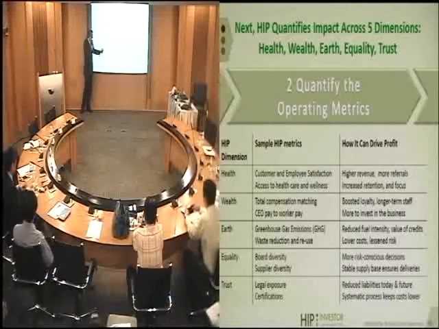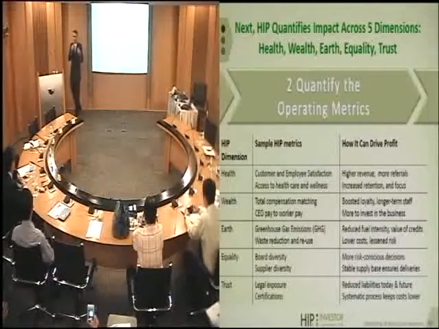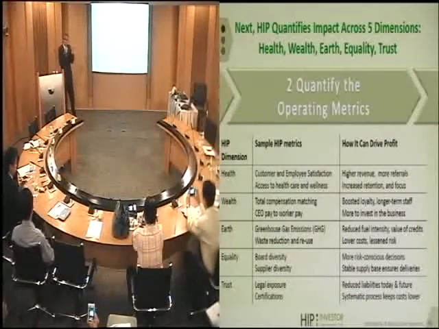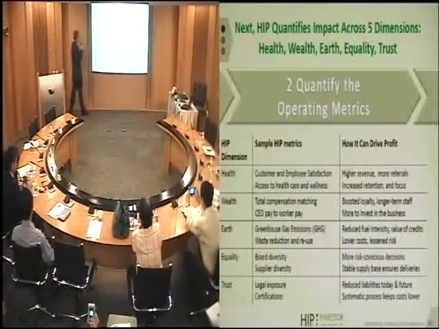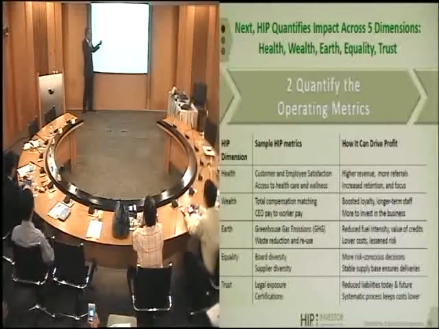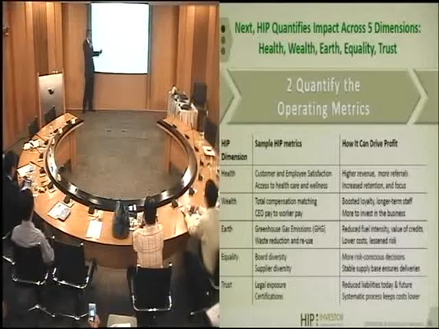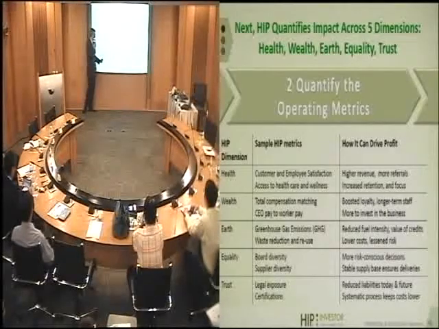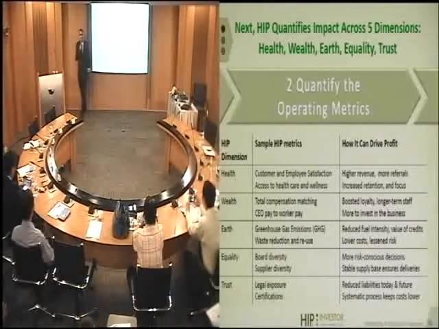Then these are a number of measures, some of which we've talked about, that are quantifiable measures about customers and employees, environment, greenhouse gas emissions and waste reduction, compensation of employees and CEO pay, and things like supplier diversity and certifications.